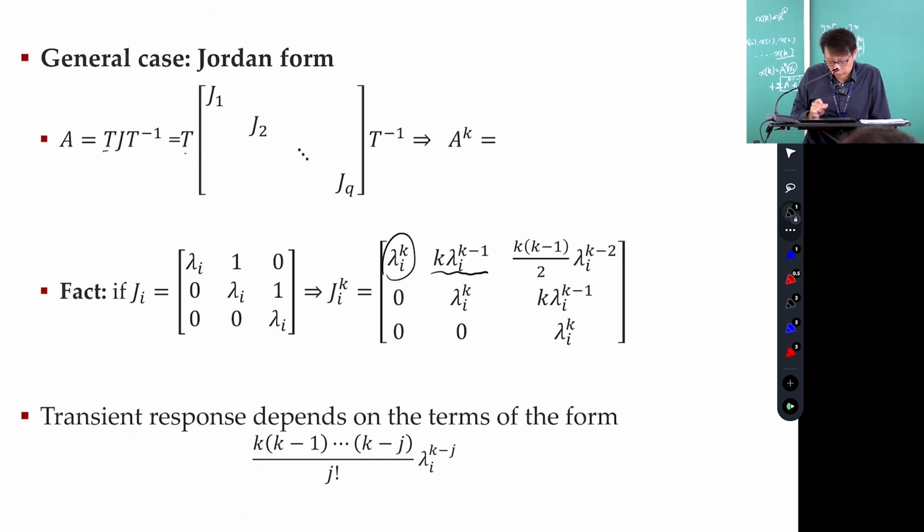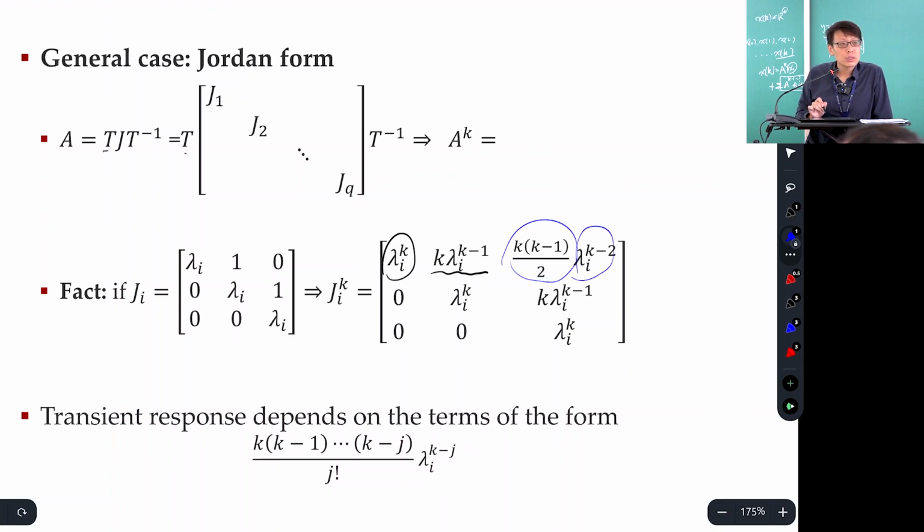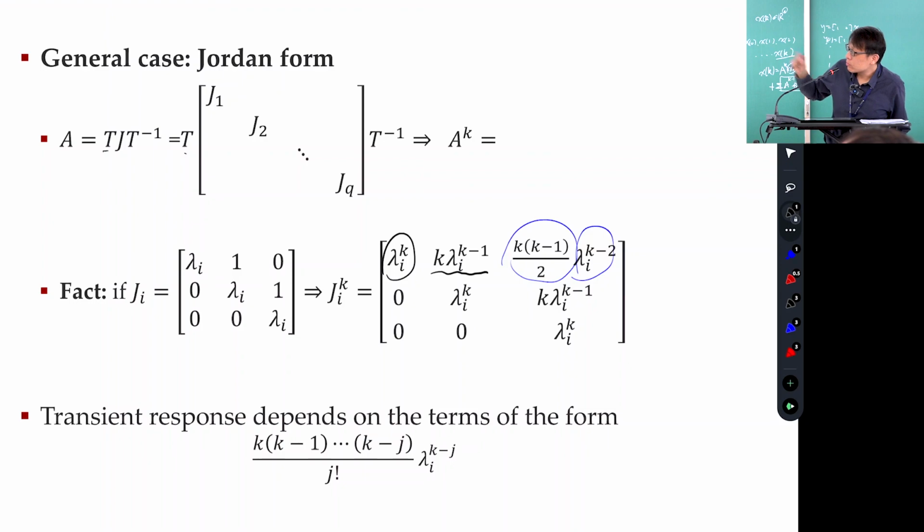The term is of the following form: some kind of polynomial in k times the eigenvalue lambda to the power k. So mathematically, it is nothing but the eigenvalues of A that matter. The other terms matter slightly too, but the eigenvalue effect dominates the entire response.